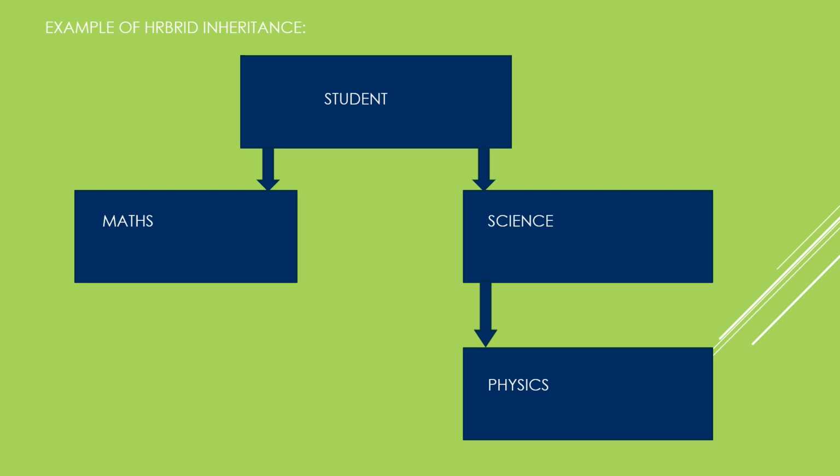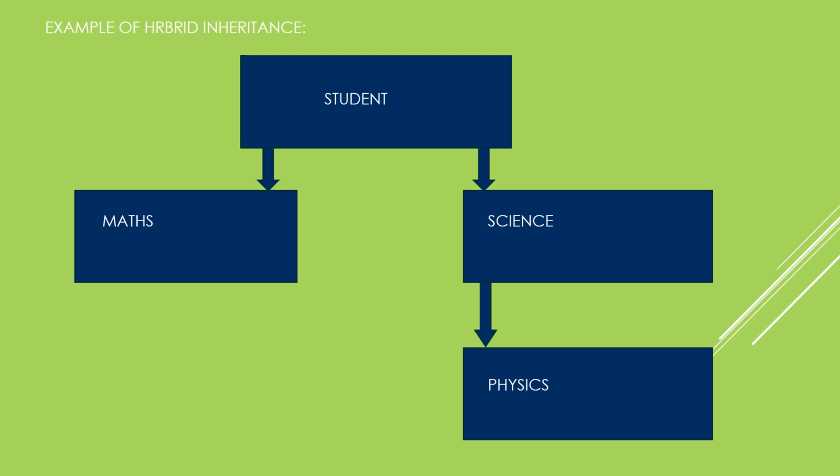So if we see these three classes here, which are student, science and then physics, this pattern is the pattern of multi-level inheritance, where the base class student is there, then one new derived class is formed from base class student, that is science, and again from this derived class only one more derived class is made, that is physics. So this was the concept in multi-level.